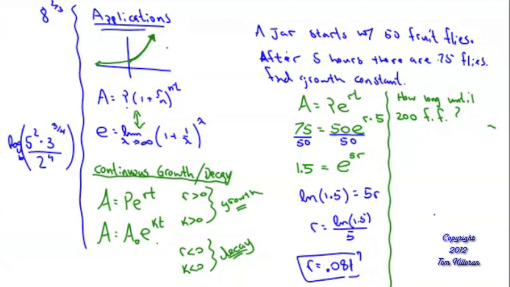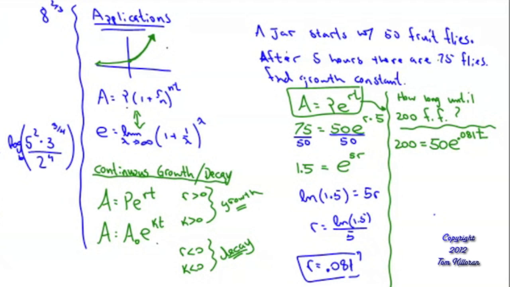The numbers. Well, a couple of the numbers. You're still going to use this formula. So bring this over. The A is now 200. The P is still 50. That doesn't change. E to the R, but I know R now, 0.081. The thing that I don't know is T. So T becomes the variable.